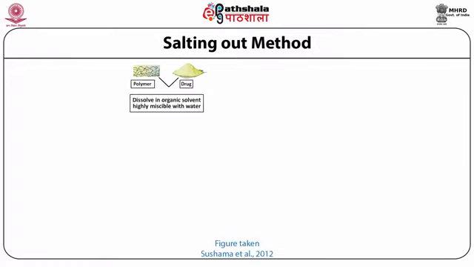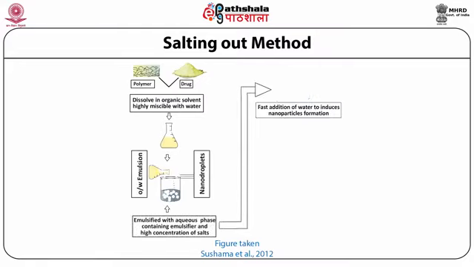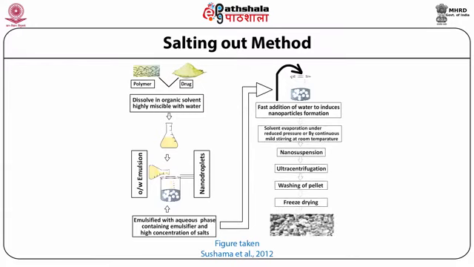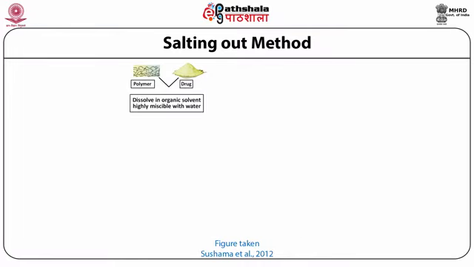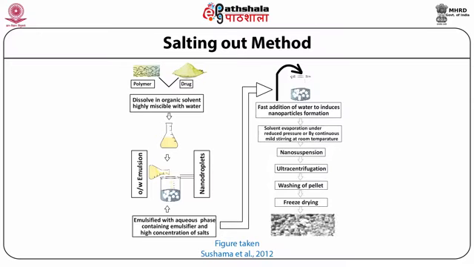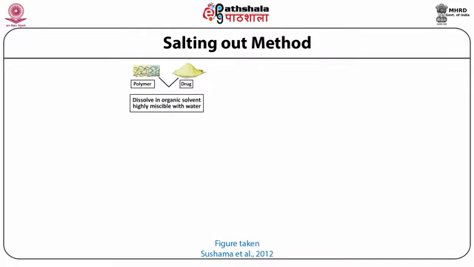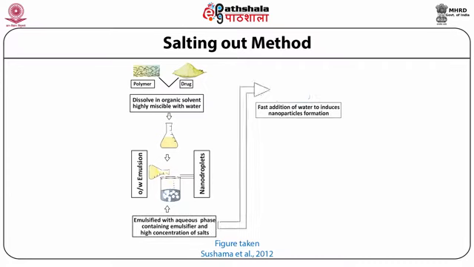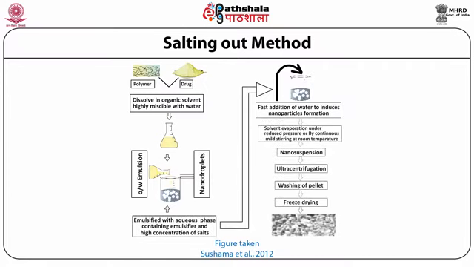This diagram is showing different steps for preparation of nanoparticles by salting out method. In this technique, first, polymer and the drug are dissolved in organic phase comprising highly polar solvents like acetone or tetrahydrofuran and emulsified into a salt and stabilizer rich aqueous phase under strong mechanical shear stress, followed by addition of water which induces the solvent diffusion resulting in polymer precipitation.